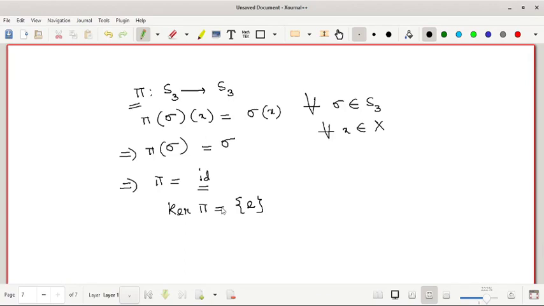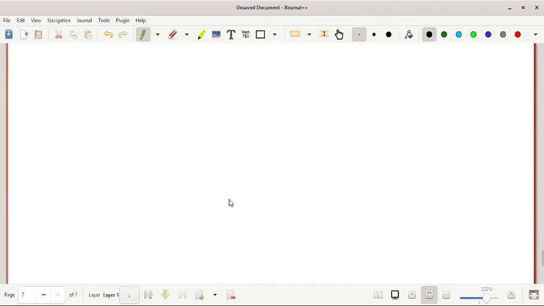Other things you can verify. What about this action? You have a group G. This is also an example.